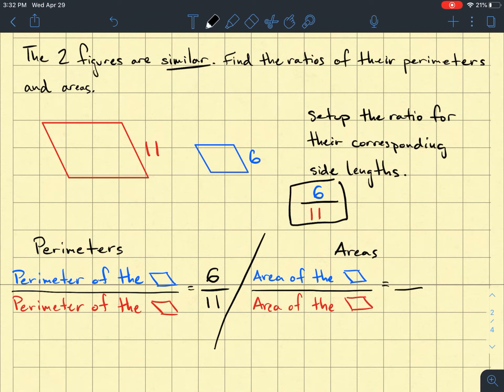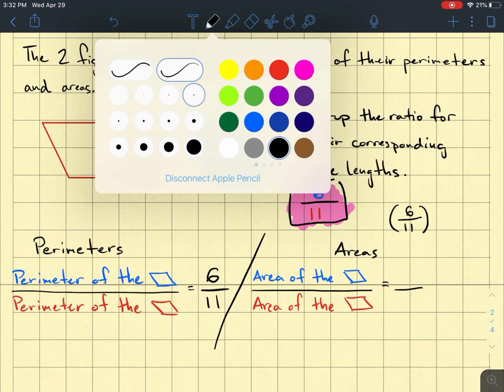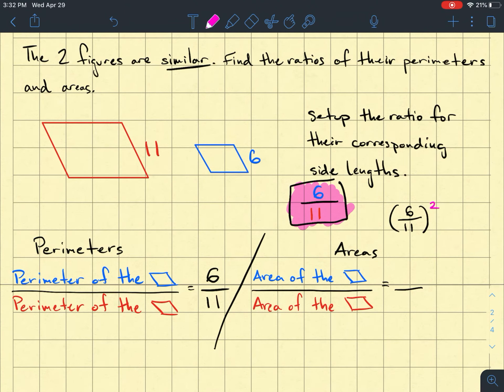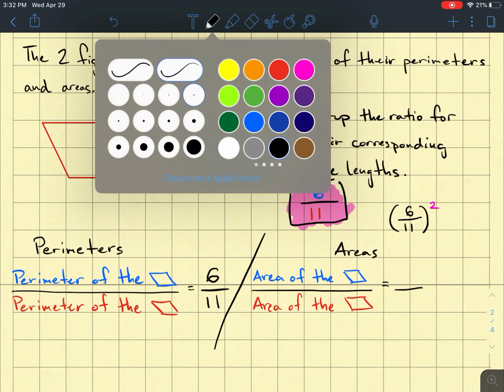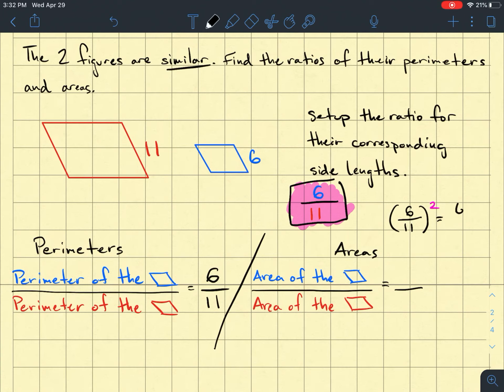Now, if I want to find the ratio of the areas, what do I have to do to this ratio of 6 over 11? I square that ratio. So all that means is 6 squared over 11 squared.